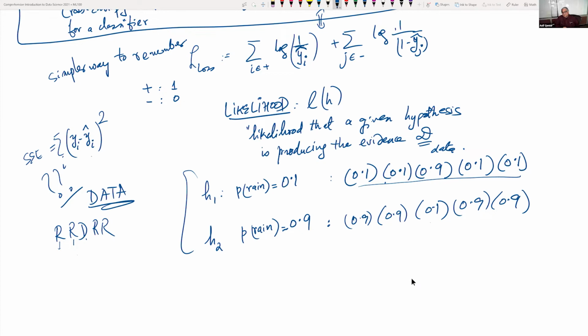By a huge factor, it beats the probability. Suppose you have many more hypotheses, H3, H4, and so on. Each of these joint probabilities is called the likelihood of the hypothesis.